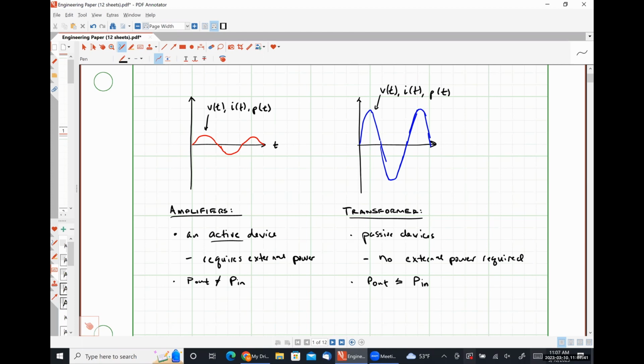Right? So these are two different ways, and in circuits 2, we start off by talking about amplifiers, and in circuits 3, we start off by talking about transformers. Okay. So what does an amplifier do? Its entire job is to make a signal larger, or to scale a signal by some amount.